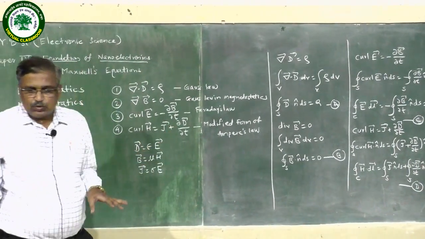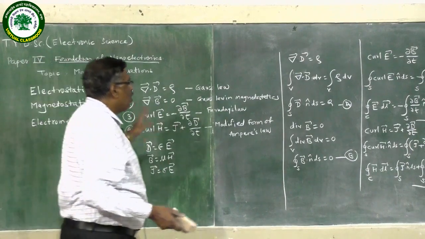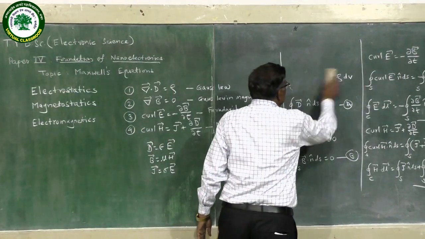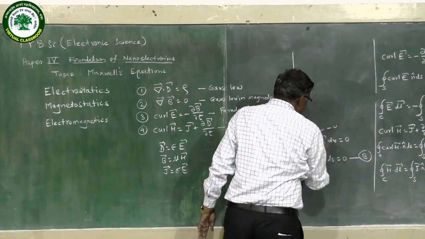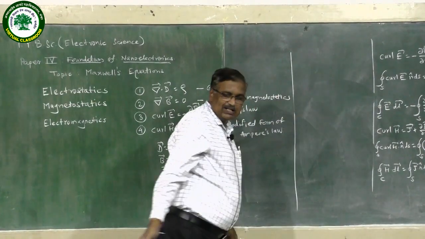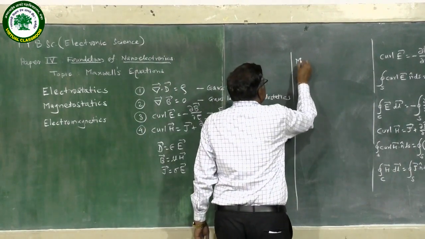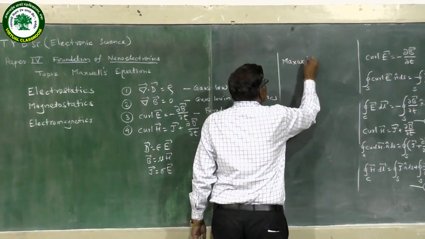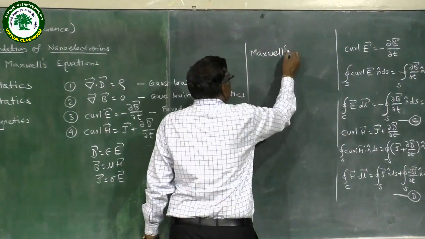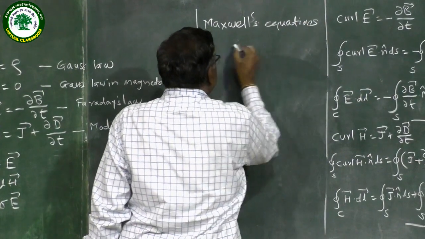In some applications, we also consider that these Maxwell equations should be applied for free space. The differential forms are already known, and from these differential equations we write the Maxwell's equations in free space.